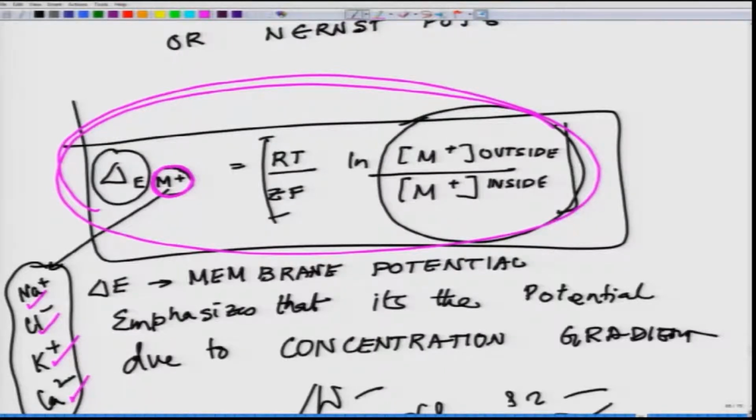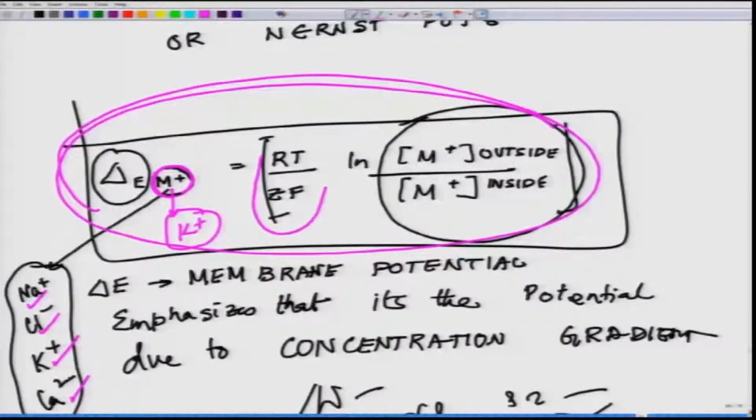In this situation we are talking about potassium. If we use this analogy, and I already told you that E0 will become 0 because on both sides it is the same E0 we are dealing with, then this is the expression which is going to govern the membrane potential.